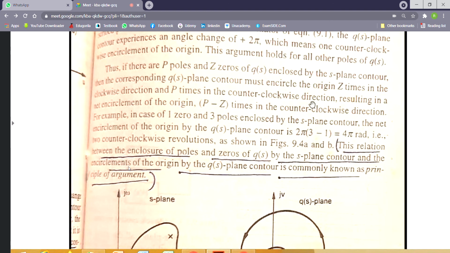Agree? Yes, ma'am. If we combine these encirclements, and say that N is the total number of encirclements of the origin of the QS plane by the QS plane contour, then the value of N will be P minus Z times in the counterclockwise direction.